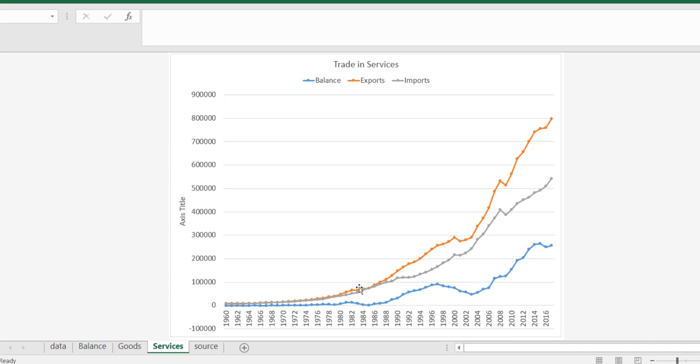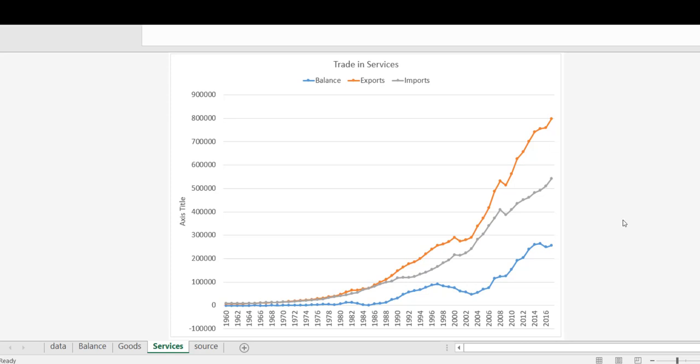The trend was pretty much at this rate, that's how steep it was, from the 80s up to the 2000s. And then in the 2000s, the slope of the trend became significantly steeper. That's how rapidly we are increasing our exports of services. So a significant portion of the labor force works in services, and they are doing increasingly better.